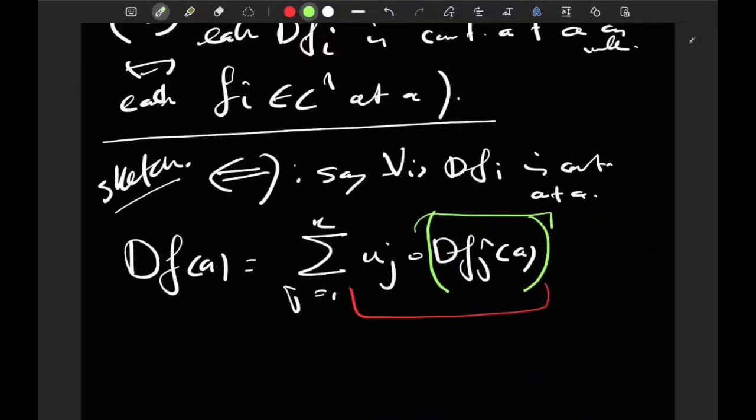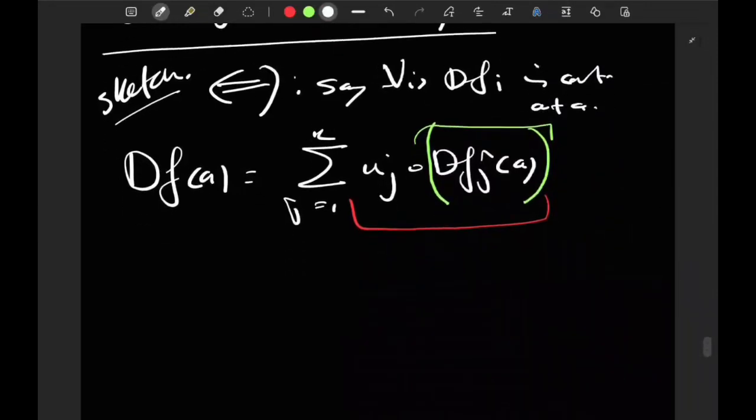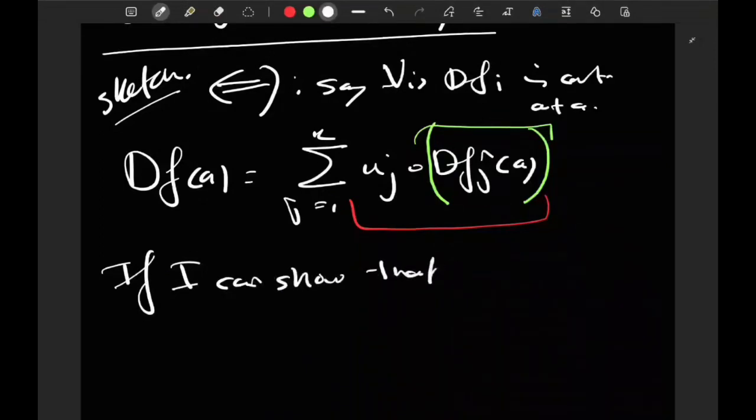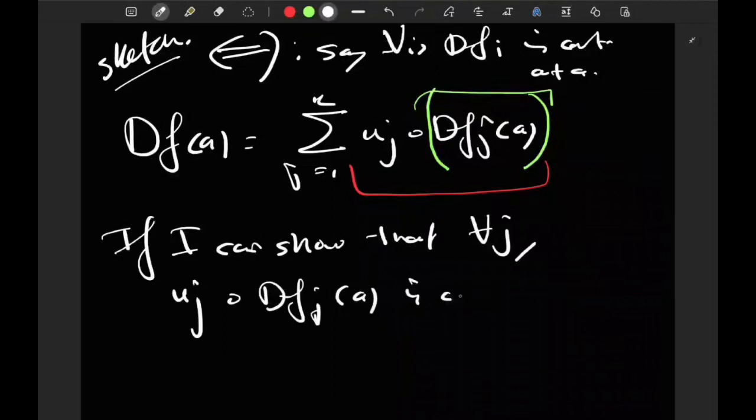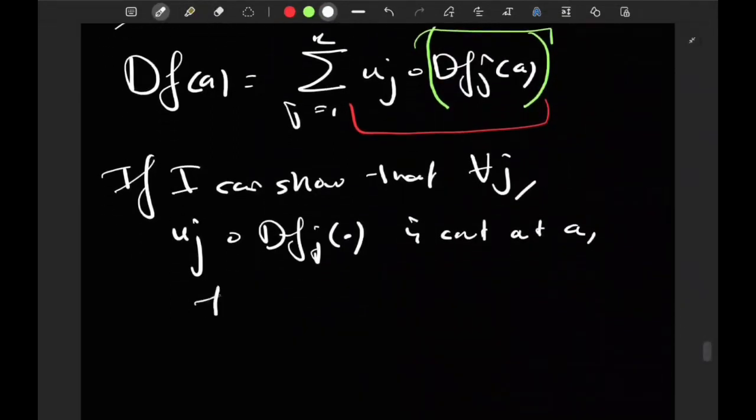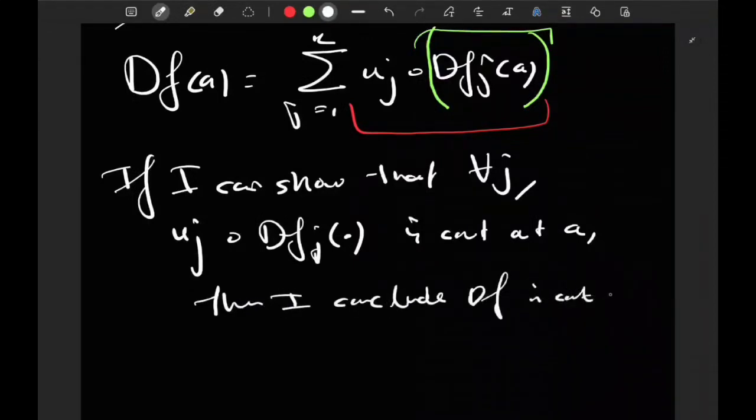So if I can show that for all j, the map uj composed with dfj of dot is continuous at a, then I conclude df is continuous at a.